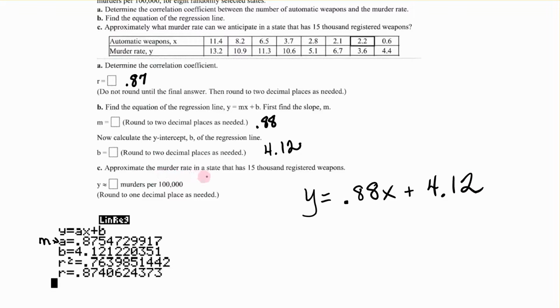Approximate the murder rate in a state that has 15,000 registered weapons. So X is 15,000. So Y is equal to 0.88 times 15. I don't have to put the 1,000, that's implied, plus 4.12.